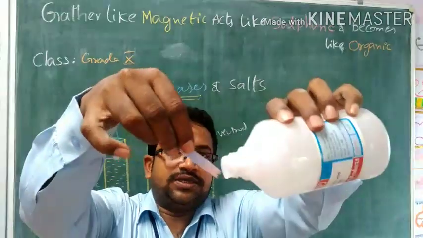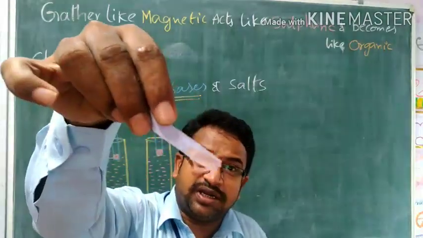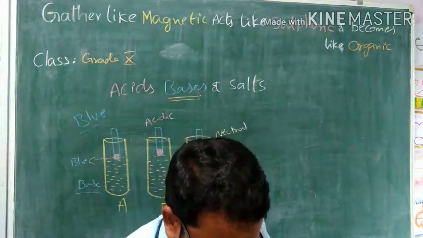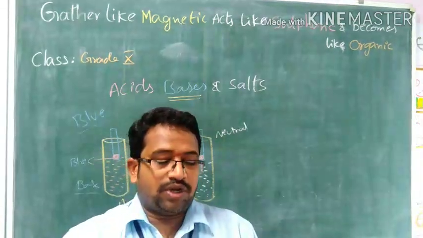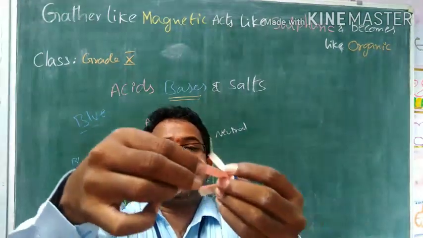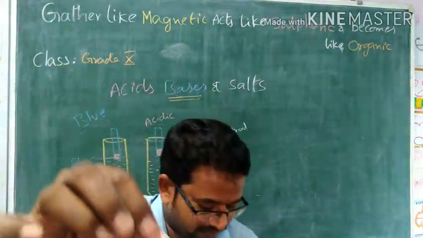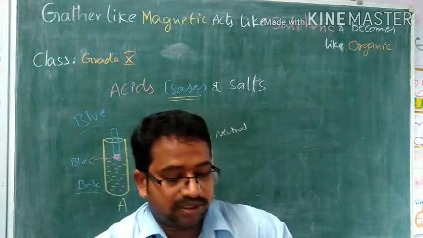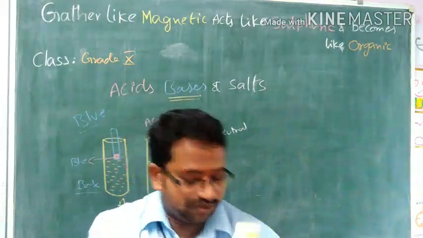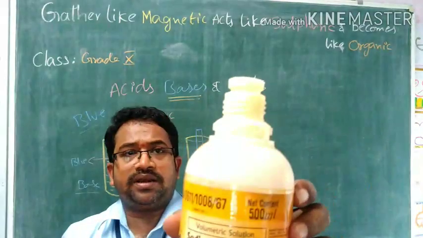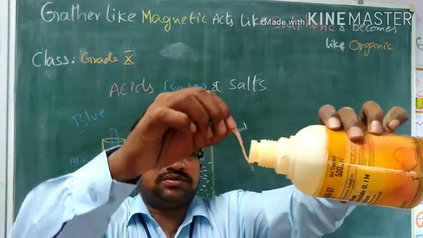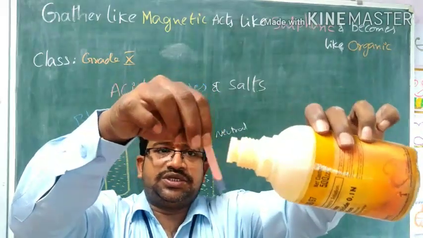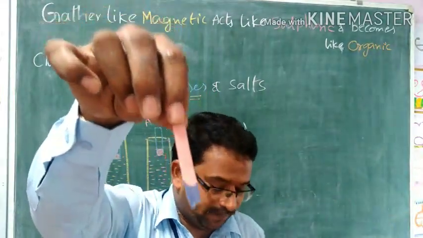It converts into red. Now you may take one leaf of red litmus, and it's about sodium hydroxide, a base. Let us see what happened to this one. You may see this, it changes into blue.